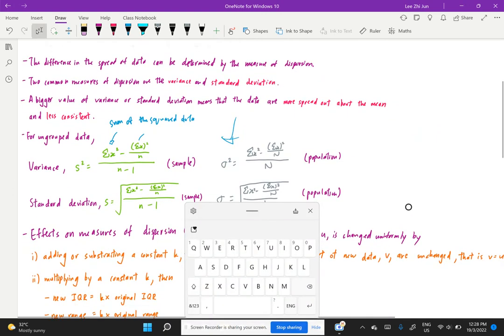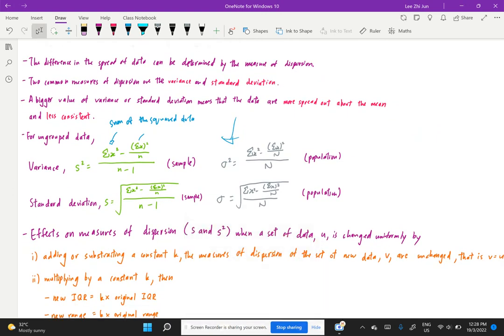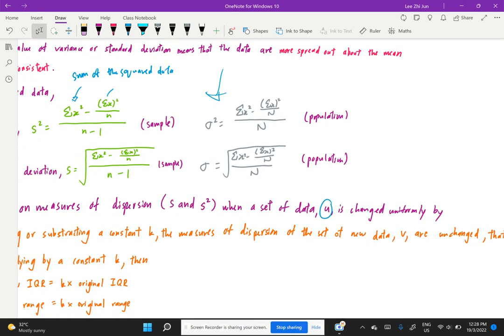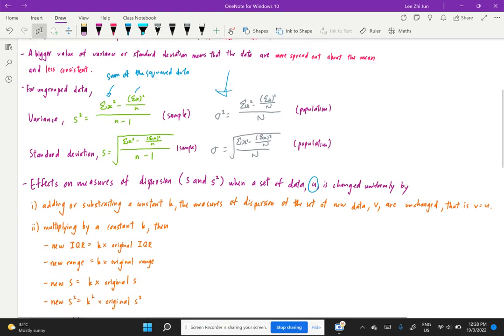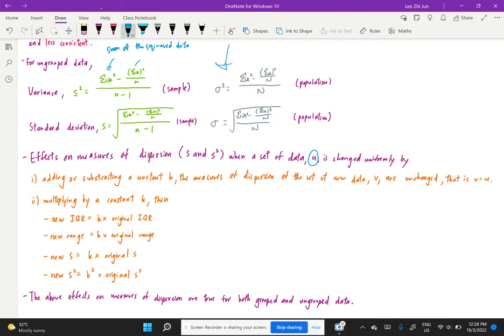So the effects of measure of dispersion when the data is changed uniformly by two conditions. If you add or subtract, the variance and standard deviation will not change.